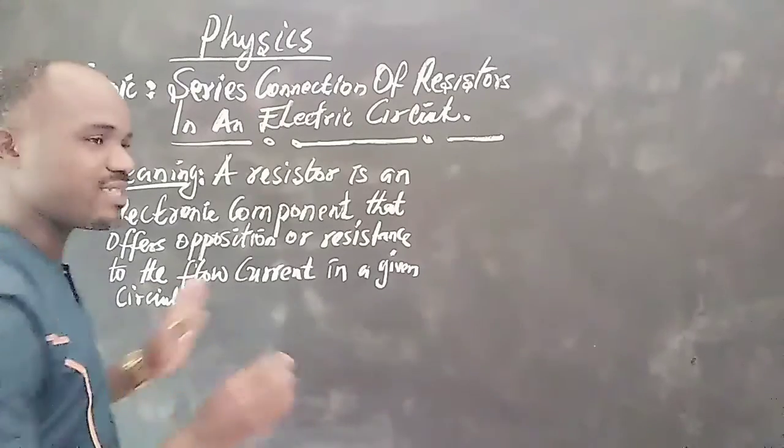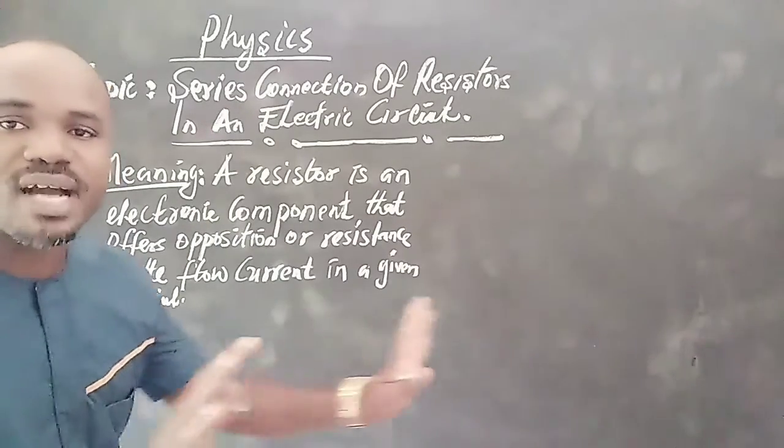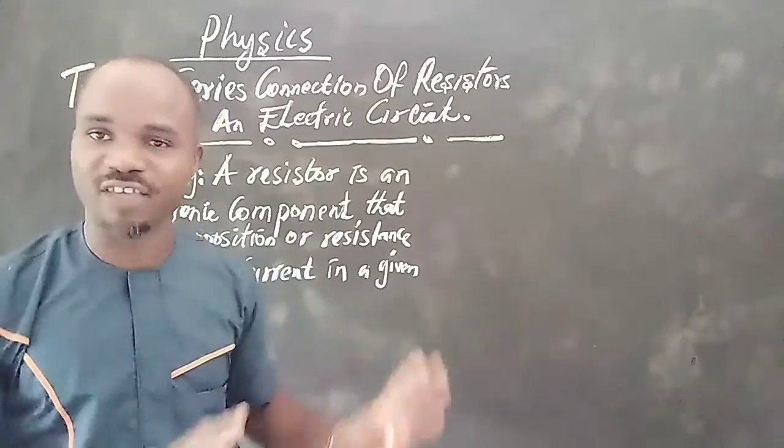All right, so that is the meaning of a resistor. What it does in a circuit is to offer some amount of resistance, or opposition, to the flow of current in a given circuit.